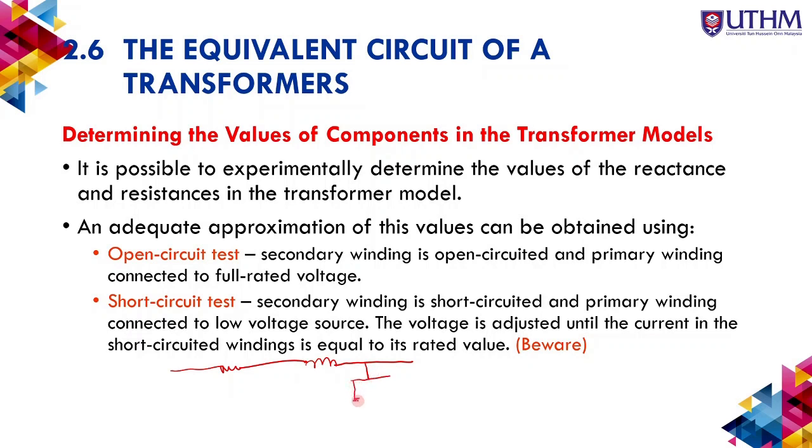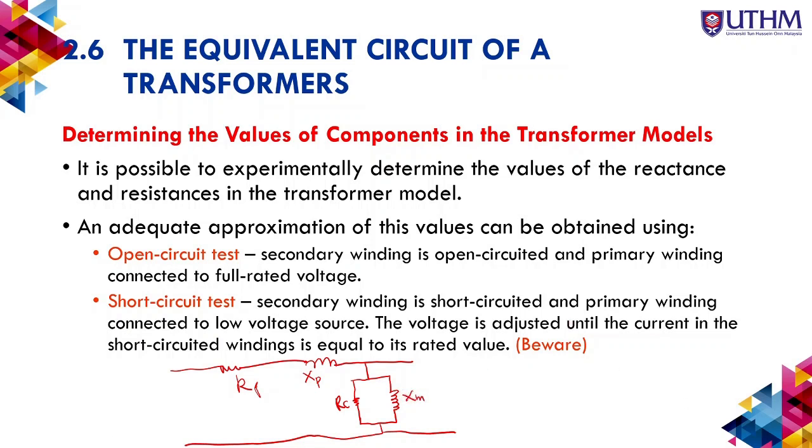So there is a resistor for core losses and this one is for XM. XM is for the excitation, magnetizing component. Okay, so this is RP, this is XP, this is RC, and this one is the XM.